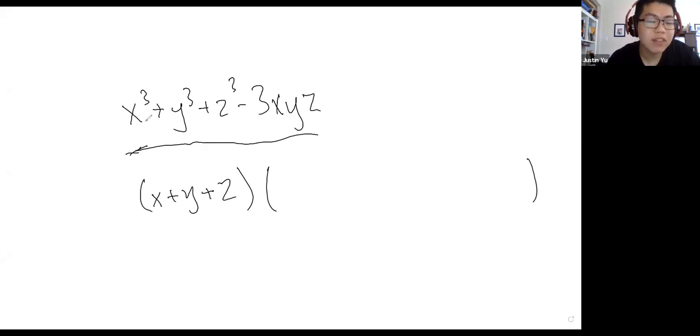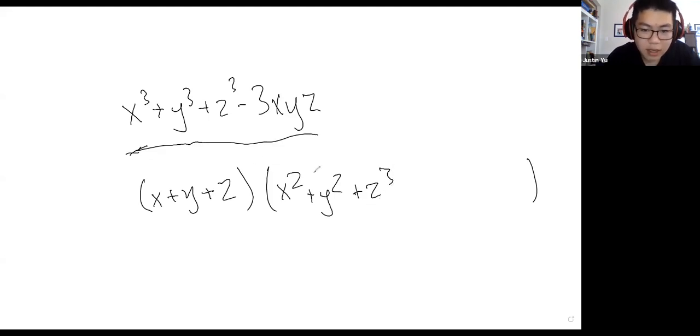For example, we have this x cubed term right here. I see x squared, y squared, and z squared. Excellent. That's because in order to get this x cubed, we could do x times x squared. To get this y cubed, we do y times y squared. Same thing for the z.